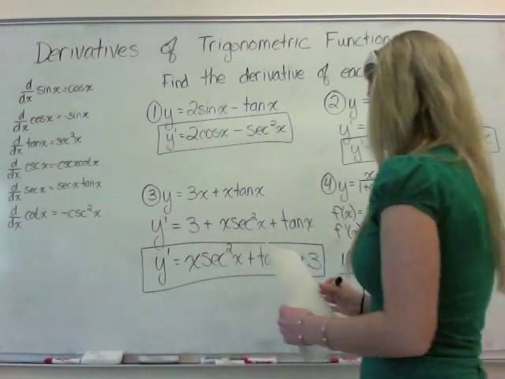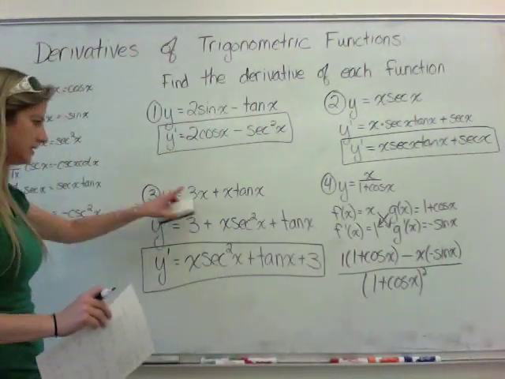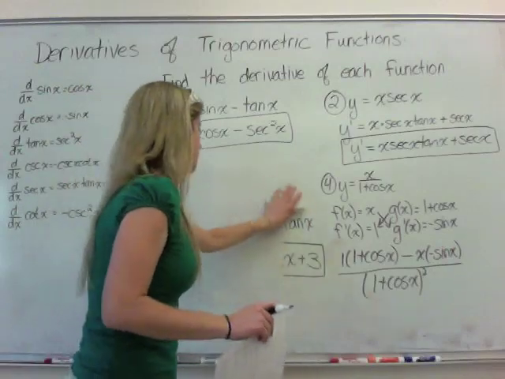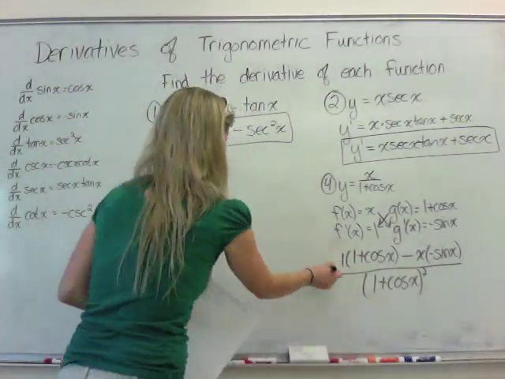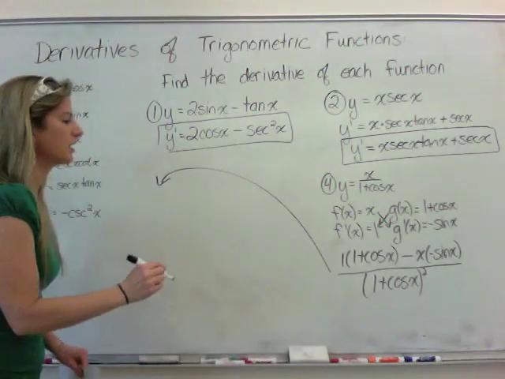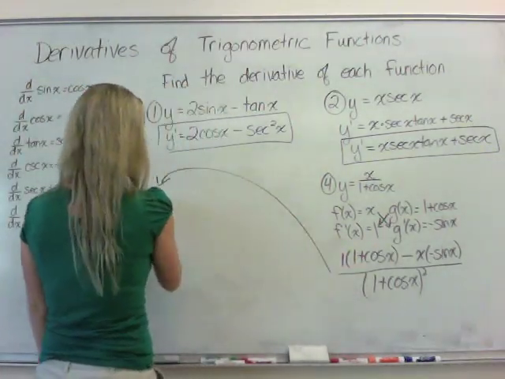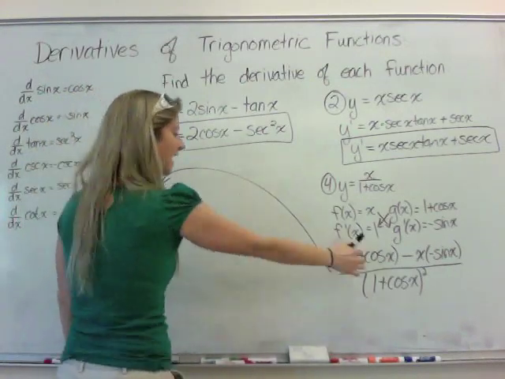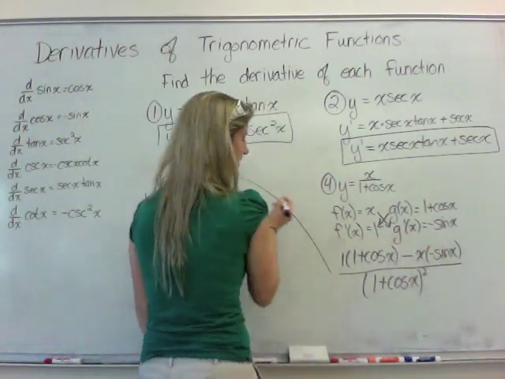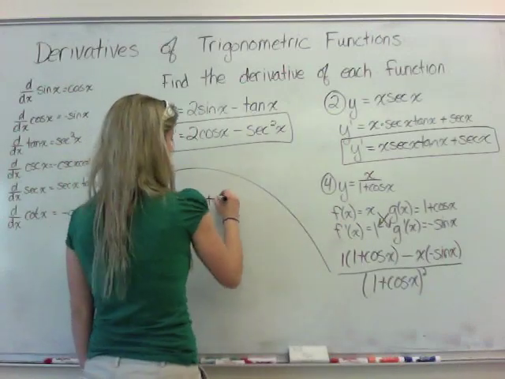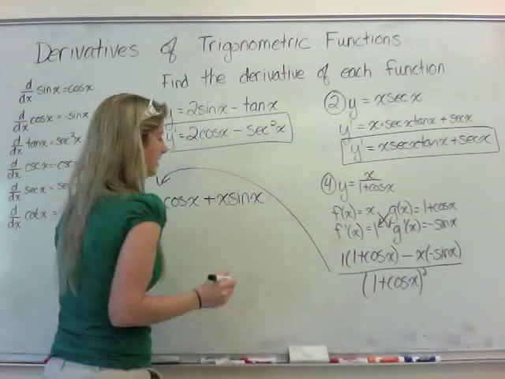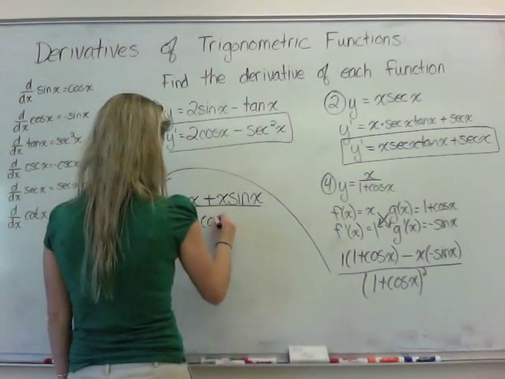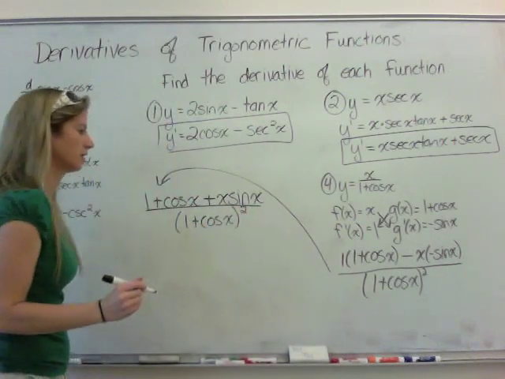Now I'm running out of room, so I'm going to erase this problem and come back up this way to finish this out. Obviously 1 times that is just going to stay, so 1 plus the cosine of x. And now we've got minus x times negative, so that's actually going to become a plus, and then it's going to be x sine x, and then all over 1 plus cosine x squared.